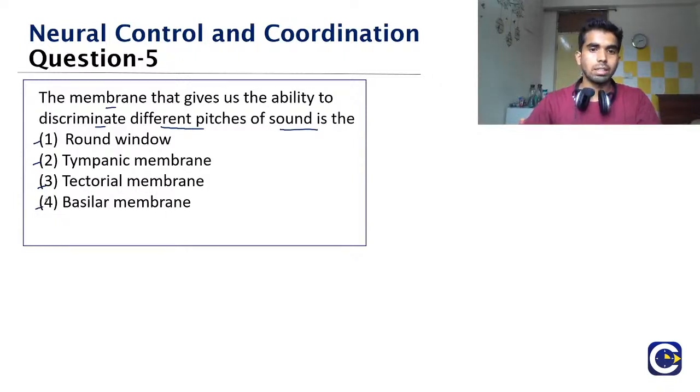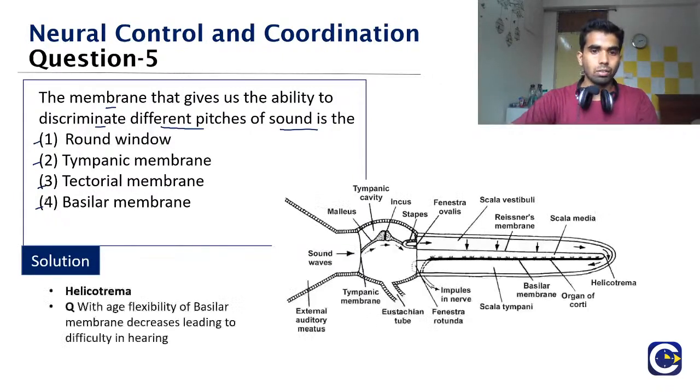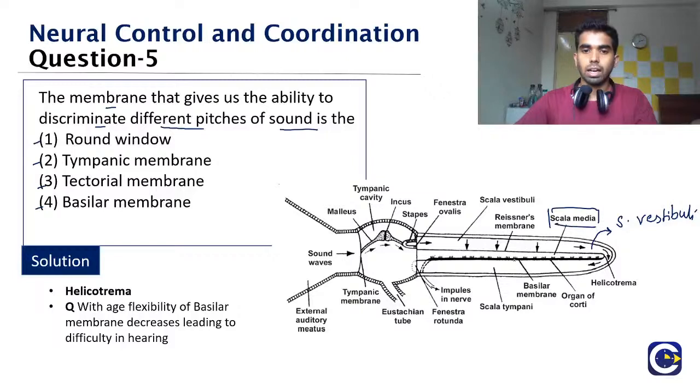So earlier we have seen the structure of the cochlea, isn't it? In the cochlea, the uppermost part is known as the scala vestibuli. The middle part is the scala media, and the lowermost part is the scala tympani. On the scala media, the basal part is known as the basilar membrane, and above it is the Reissner's membrane.